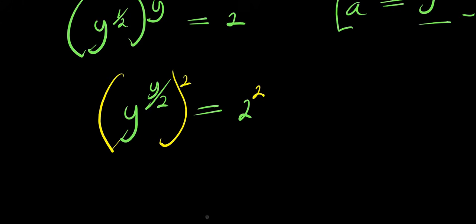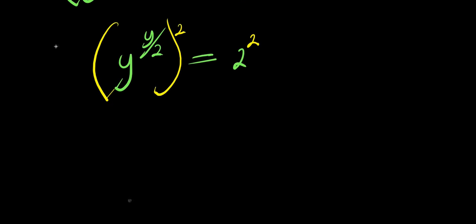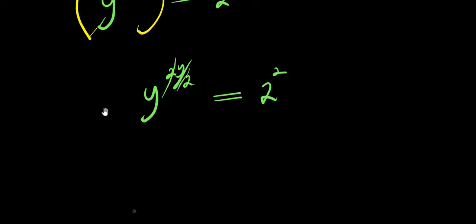So this multiplies this out. I have y^(ay/a) equals 2^a. So a eliminates a here. I will simply have y^y equals 2^a.